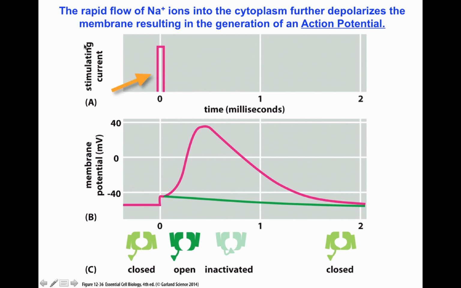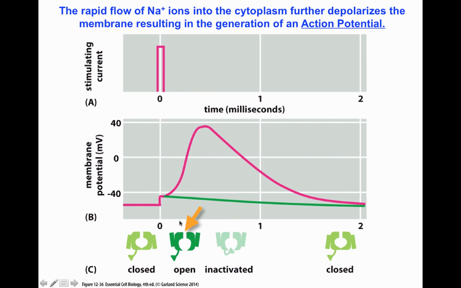At time zero, shown over here in the upper part of the graph, we have the stimulating current. And we can give a very brief stimulating current that is going to induce a depolarization of the membrane. If that depolarization reaches a particular threshold, that is going to induce the voltage-gated sodium channels to open.